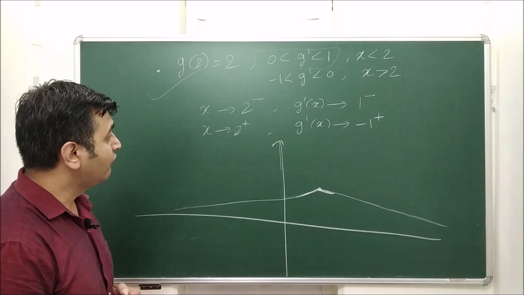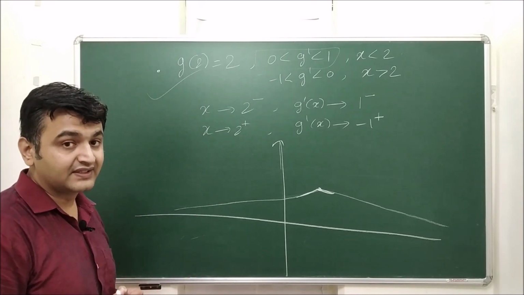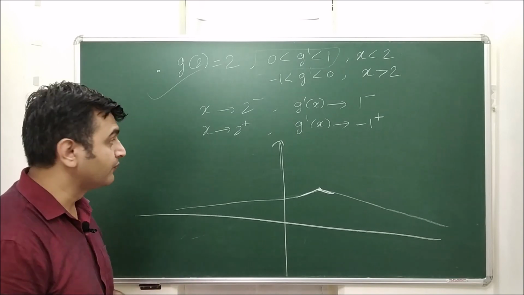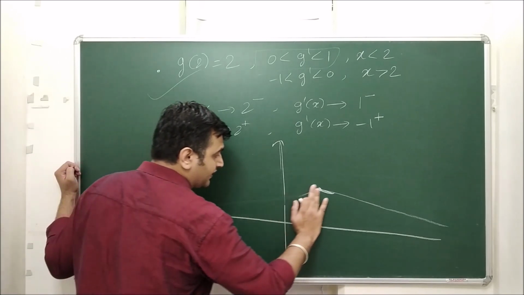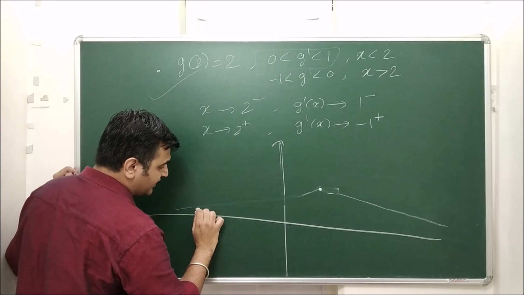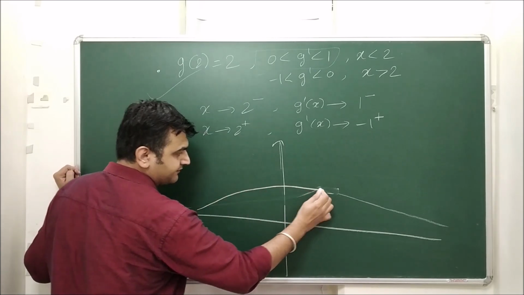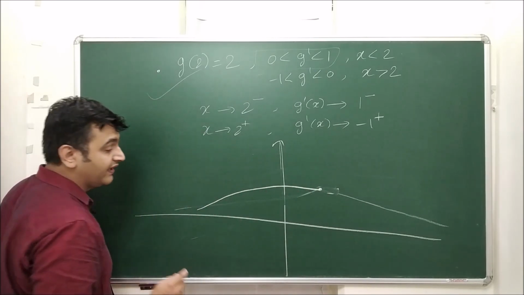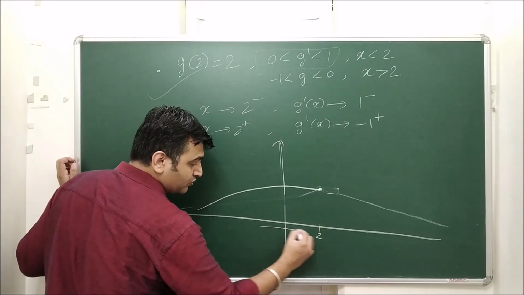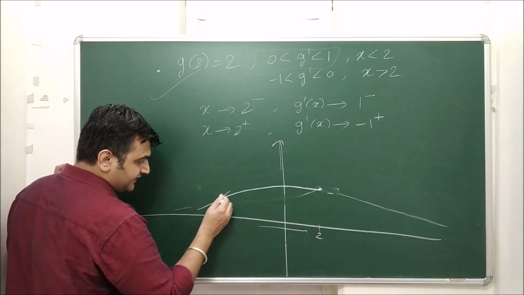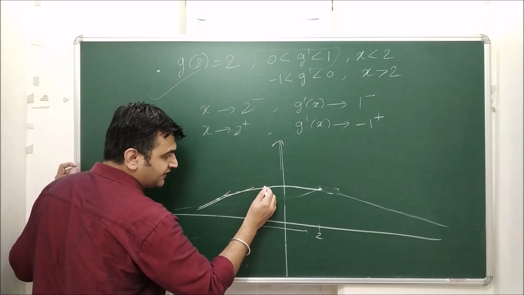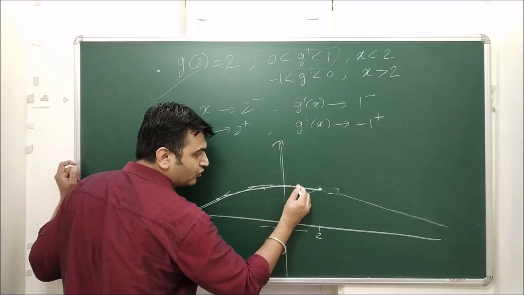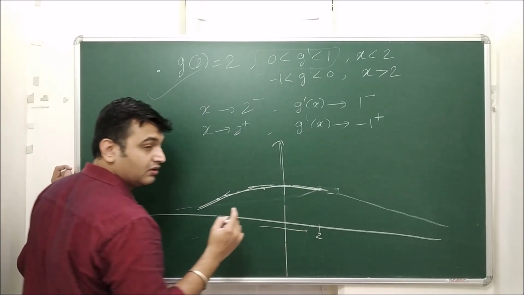Now what else can you say? Concavity or convexity, I mean concave up or concave down. So this is 2, will this be concave up like this? The answer is no. Why? Because as I approach 2, you can see the tangent lines become more and more horizontal.